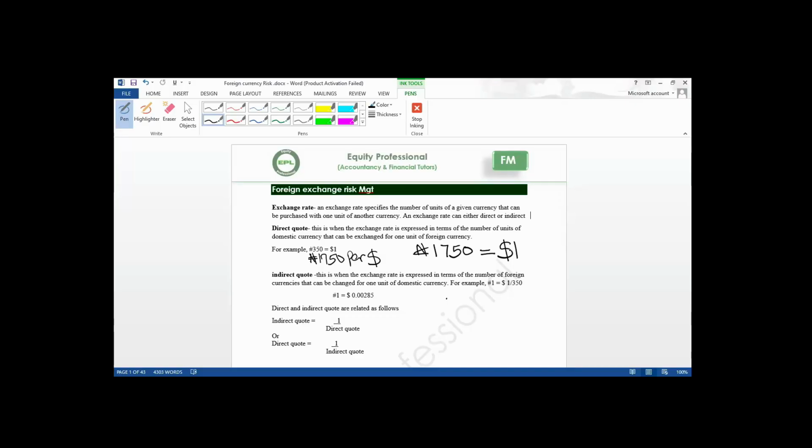Number 2, indirect quote. Deliberately, we are not rushing this explanation. Deliberately, we are taking it gradual. Indirect quote.